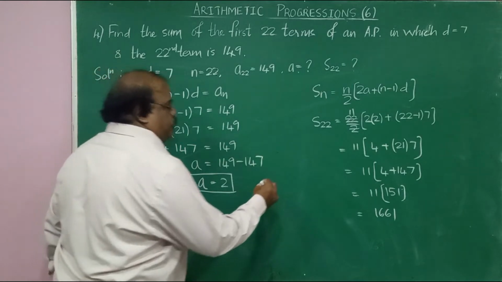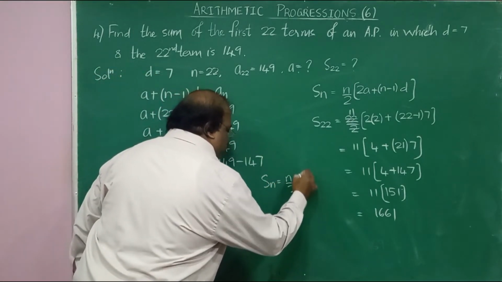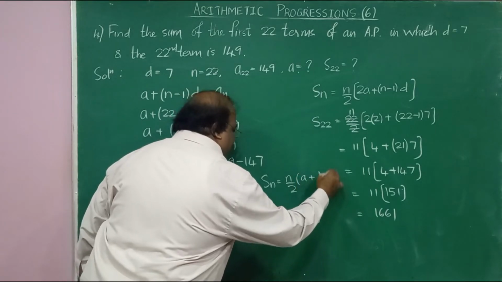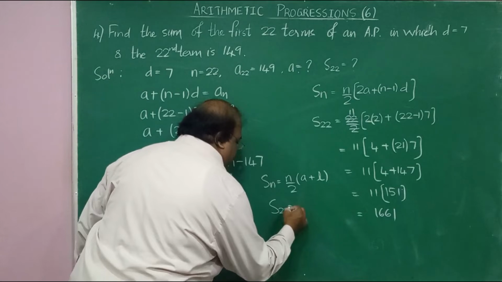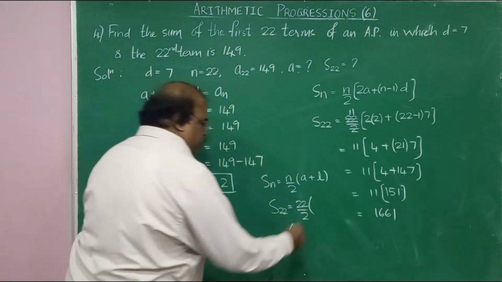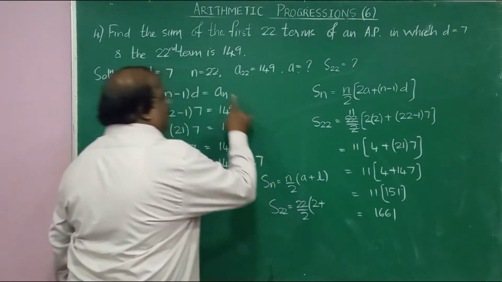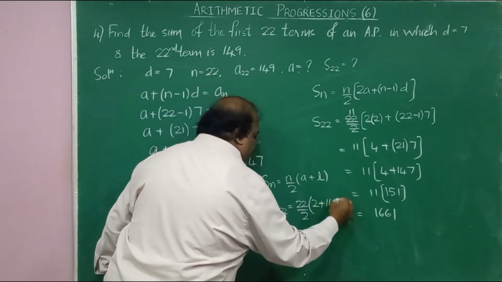I could also use this formula, Sn is equal to n upon 2 into bracket a plus l. I asked you for S22. S22 is 22 upon 2. What is your first term? 2. What is your last term? Your last term is 149.